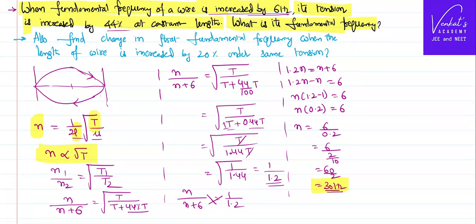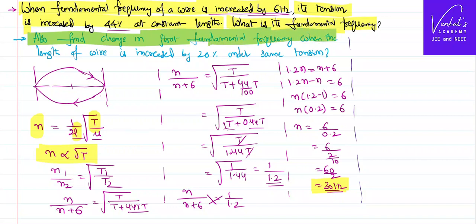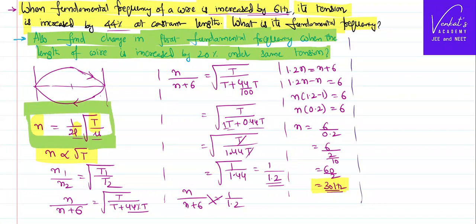I have used a very simple formula, the laws of stretched strings, to derive it. That's the first part of the problem, but there is another problem. What is that other problem? Find the change in the fundamental frequency when the length of the wire is increased by 20% under the same tension. I will use the same rule again.